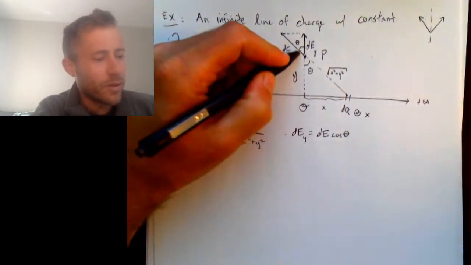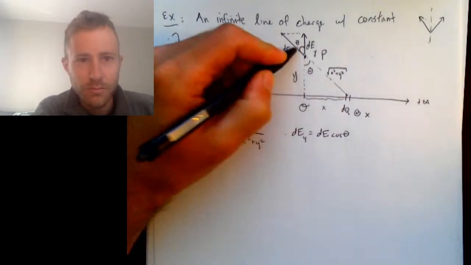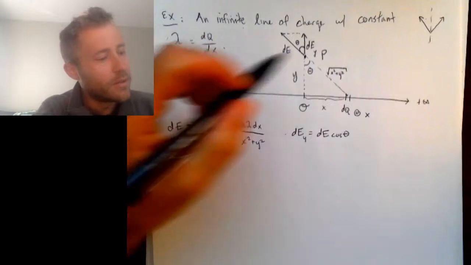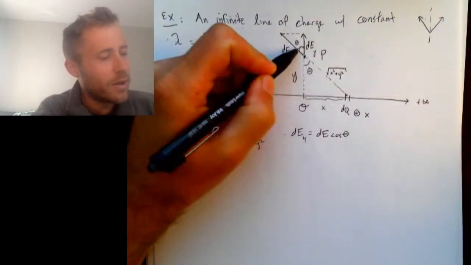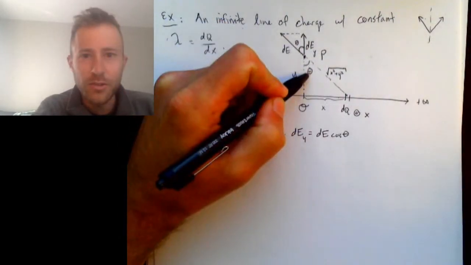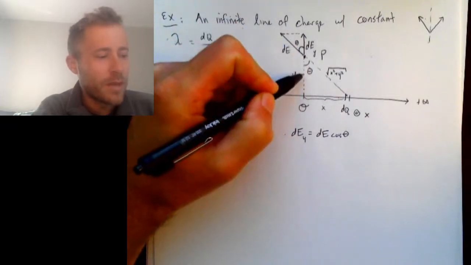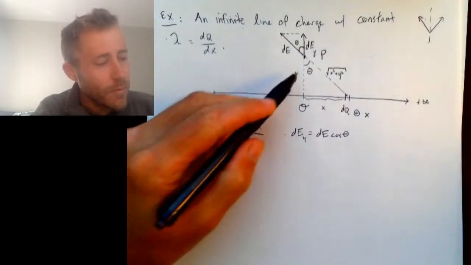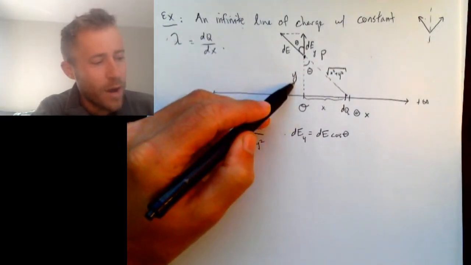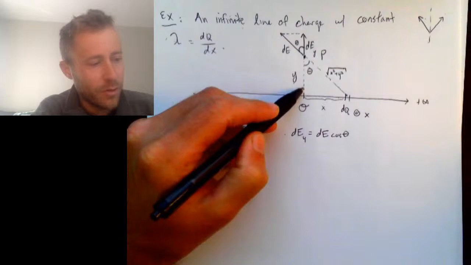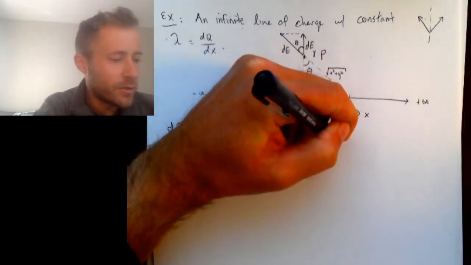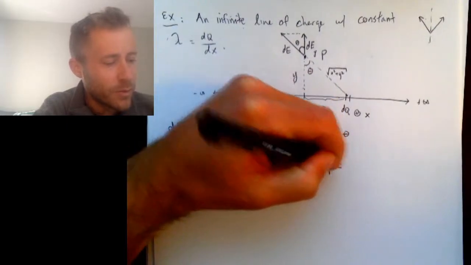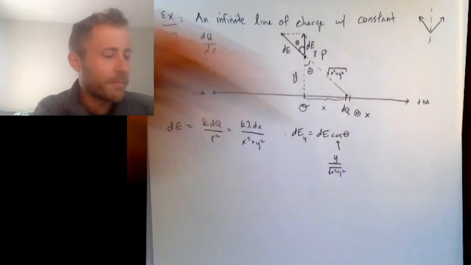And because these are vertical angles, someone told me the term last time I was here in class, this angle is the same as that angle. And so I can see that cosine of theta is y, adjacent, over the hypotenuse. So cosine of theta is y over the square root of x squared plus y squared.